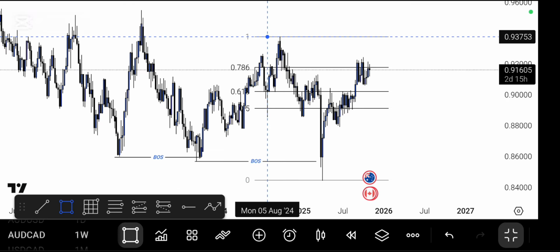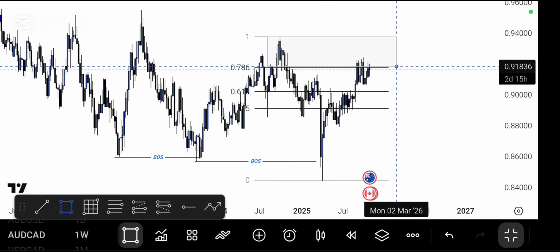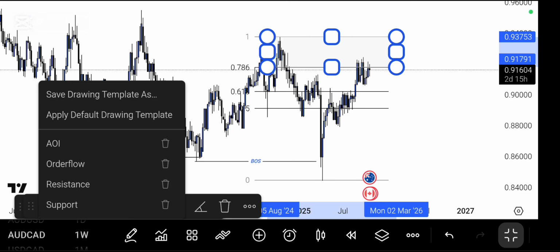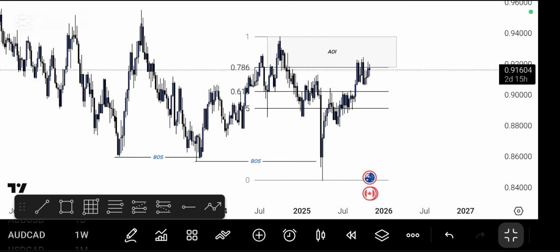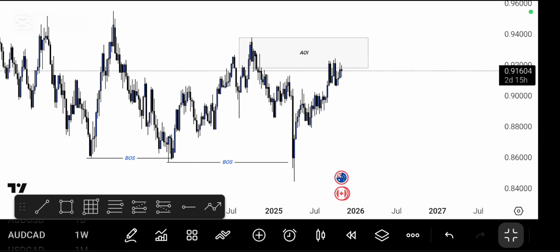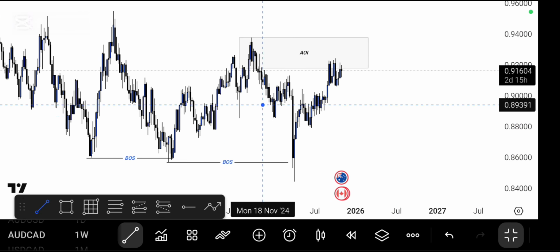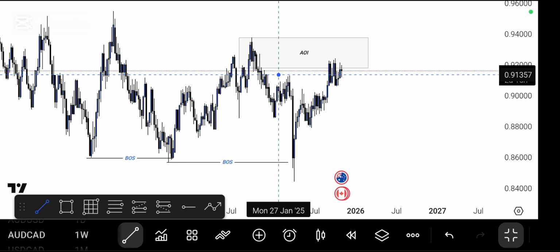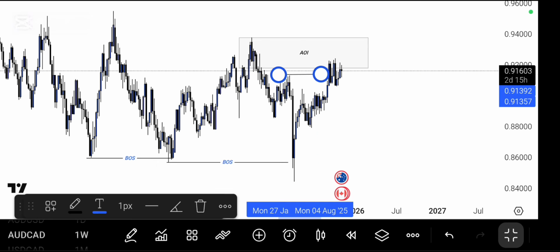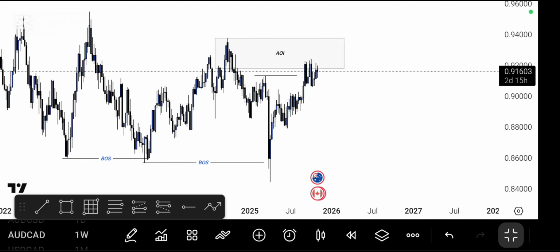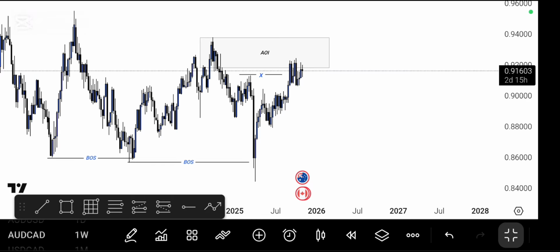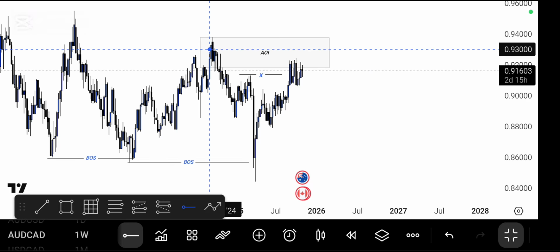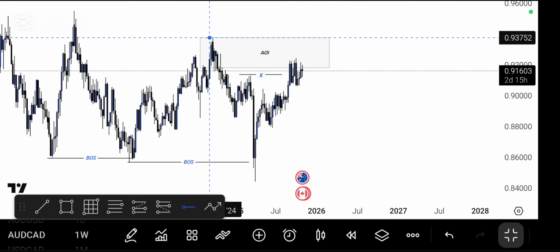So I mapped out my origin sitting somewhere around here. I'm going to call that my AOI, area of interest. I noticed that this circle had an internal liquidity, which I call pile of liquidity. So the market is currently sitting at the area of interest. So we have this as our swing structure.